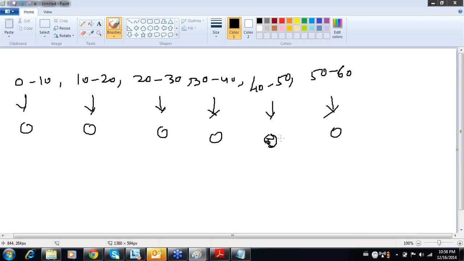See, if six odd numbers are there, then only it will become an even number. That means there is only one even prime number, that is 2. So in the 0 to 10 range, it cannot be 2.